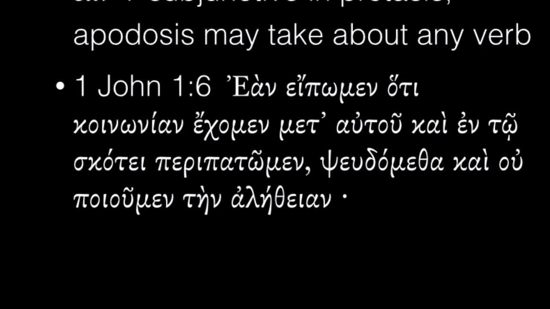Ean eipomen hoti koinonian echomen met' autou kai en tō skotei peripatōmen, pseudometha kai ou poioumen tēn alētheian. So if we happen to say that we have fellowship with him, and yet we happen to be walking in darkness, we lie, and we do not do the truth.